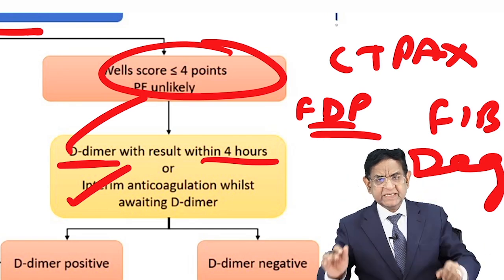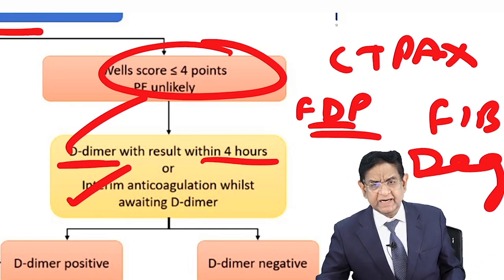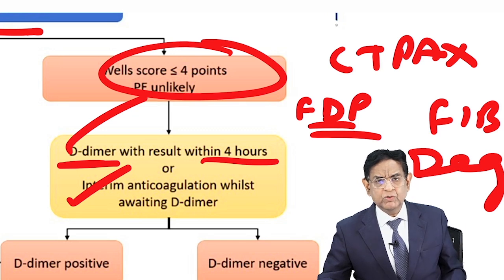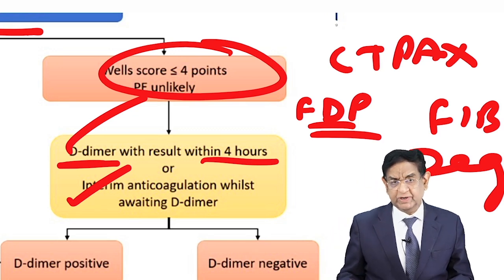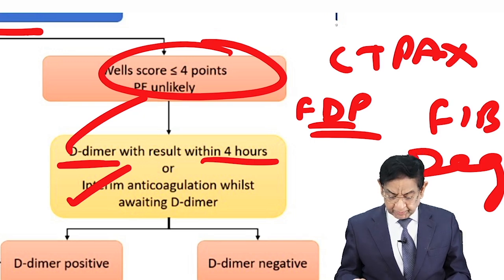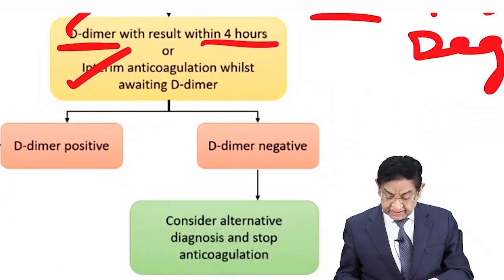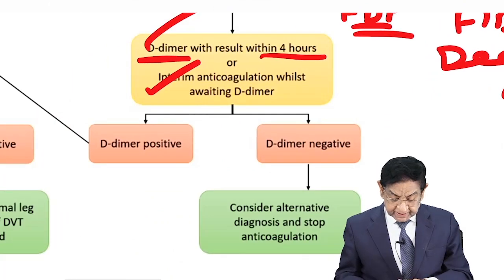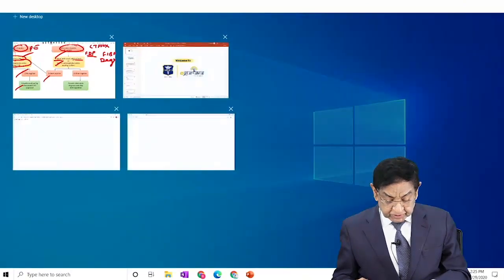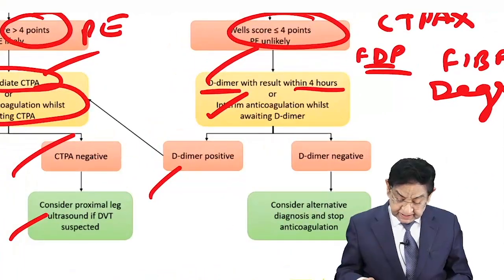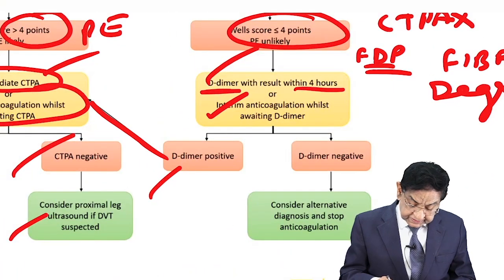The message is very clear from the NICE guideline. Start oral anticoagulant, don't wait for the report if you are thinking that you are dealing with a case of pulmonary embolism. Well, later on the D-dimer report comes. If the D-dimer is positive, then you plan for CTPA.